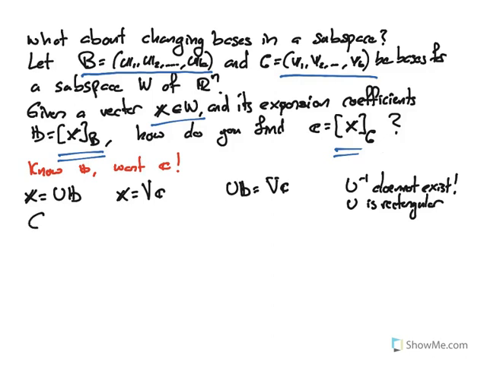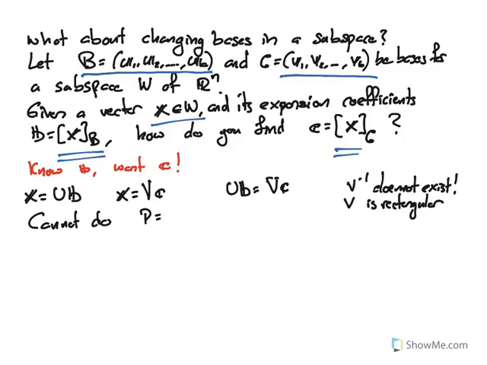So we cannot form what we did before, or V. Sorry, I've been mixing up U and V here. So V inverse does not exist.